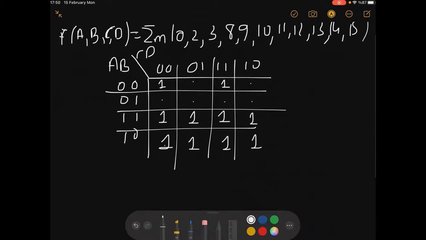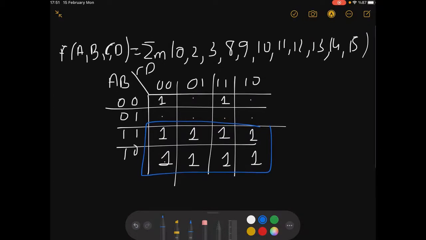So what I do is, okay, I'm trying to cover all of them with largest possible alternatives. Okay, this one, I guess. 0, 1. Oh, there's a mistake here. Sorry. Here is, look at this. It's 0, 1, 2, 3.